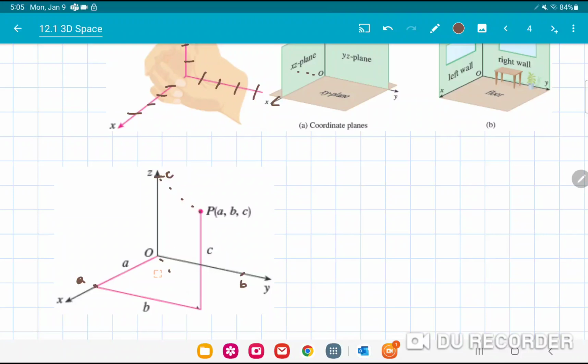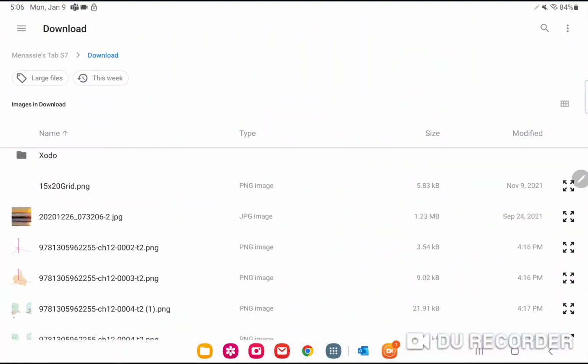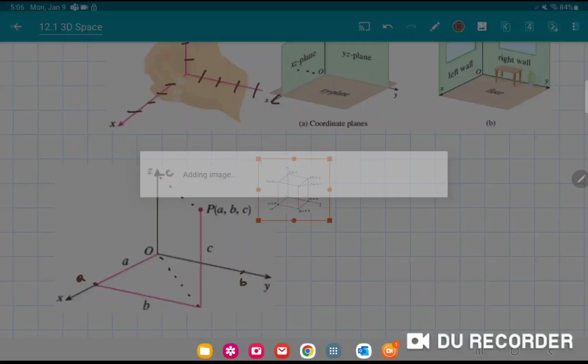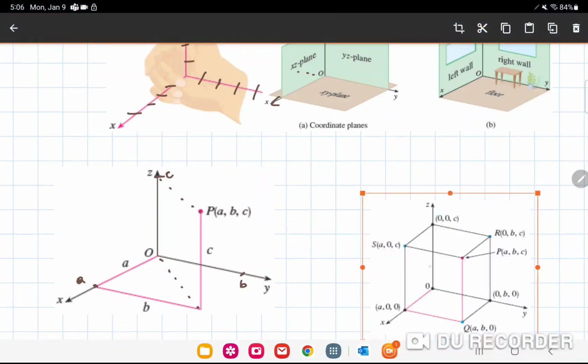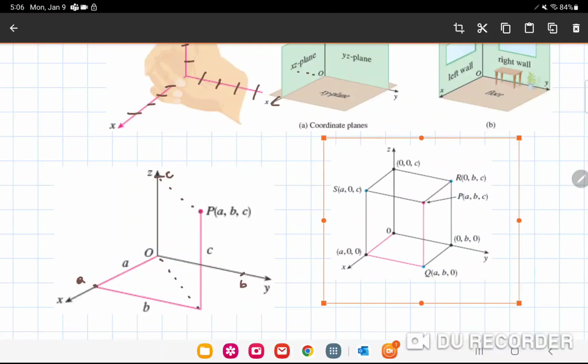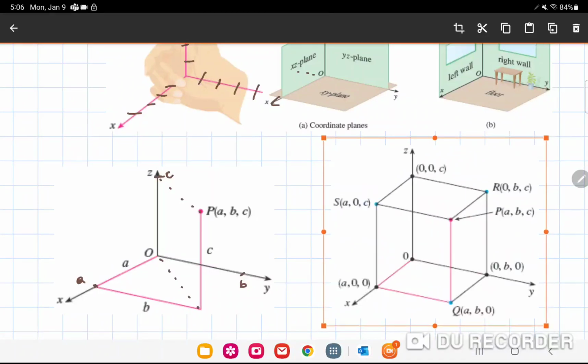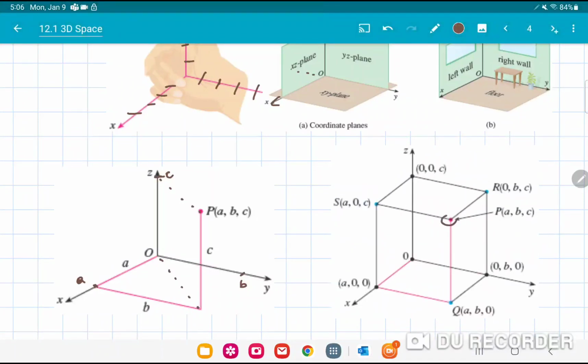Okay, so that's what we have here with the XYZ axis. Let's see the one more picture that I was referring to. Okay, so this point is the point A, B, C.